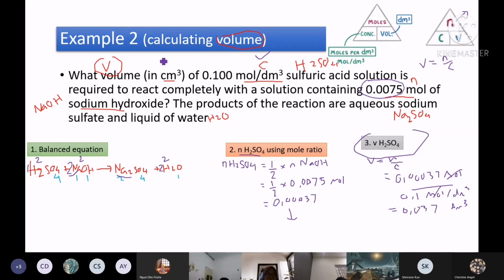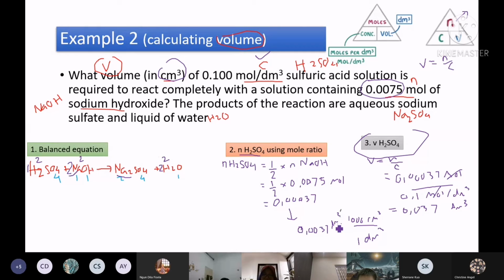But the question asks for the volume in centimeter cubes. How many centimeter cubes is the volume of sulfuric acid? Because 1 dm cube is equal to 1000 centimeter cubes. So we can multiply 0.037 dm cube by 1000.